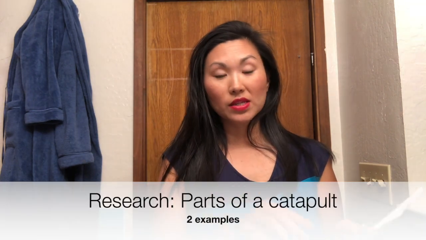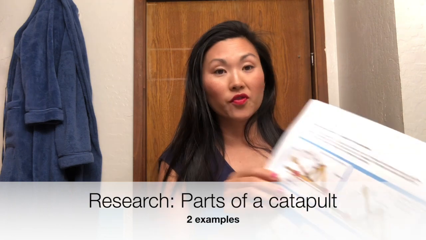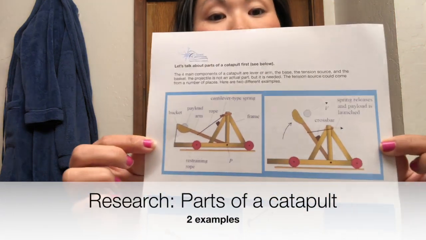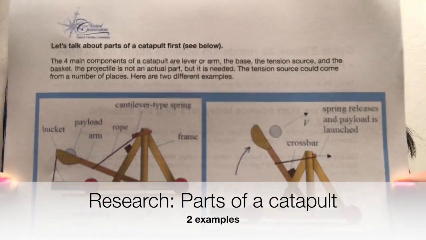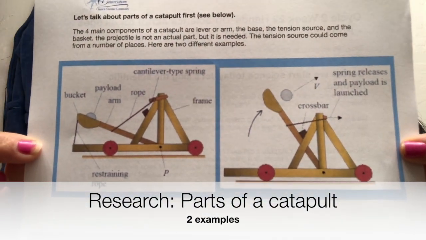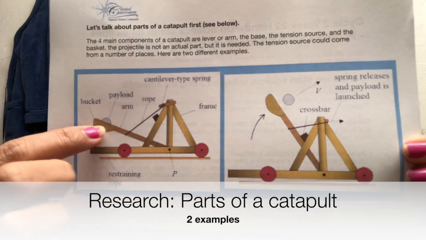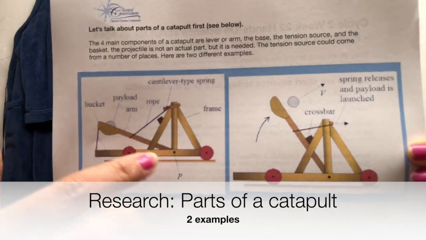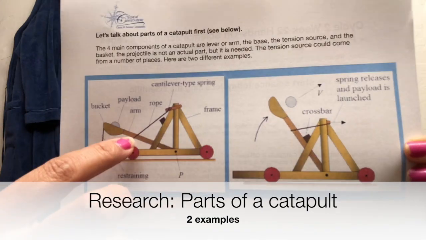There are 2 different examples I have for you. The first example is on the top of this page, and I'm going to show you a screenshot of this, hopefully in the computer. What you see here is the arm hinged down here at this pivot point.